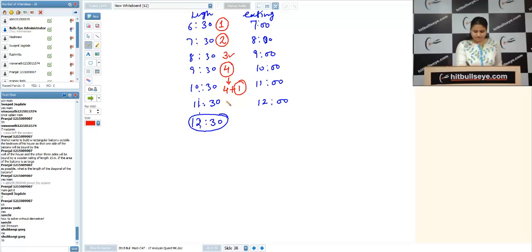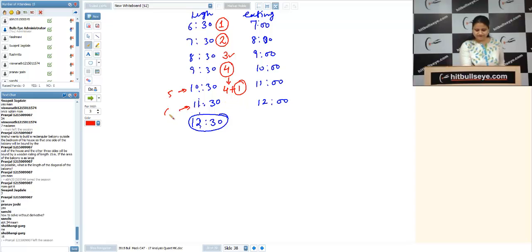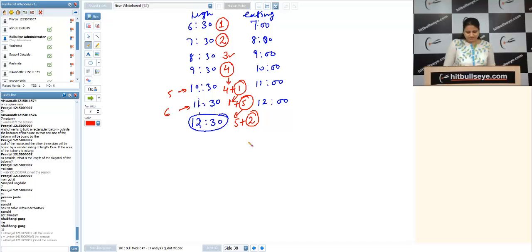Now we need how many diyas here? We need 5 diyas here. We need 6 diyas here. It means 1 is the old one and 5 are new. Now these 5 are used here. By hit and trial I am going. See, we want to minimize the number of diyas. 2 are new. If you will count that, I am getting 15.